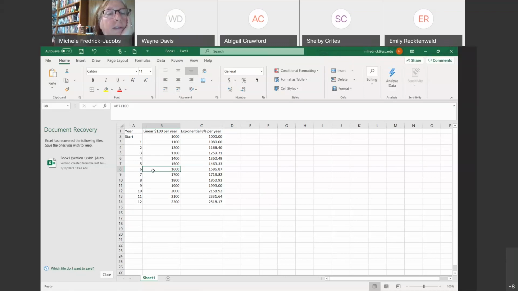Click C10 and tell me what the formula is. So C10 would be the $1,850.93. And when you click on it, you should have equals C9 times 1 plus 0.08.